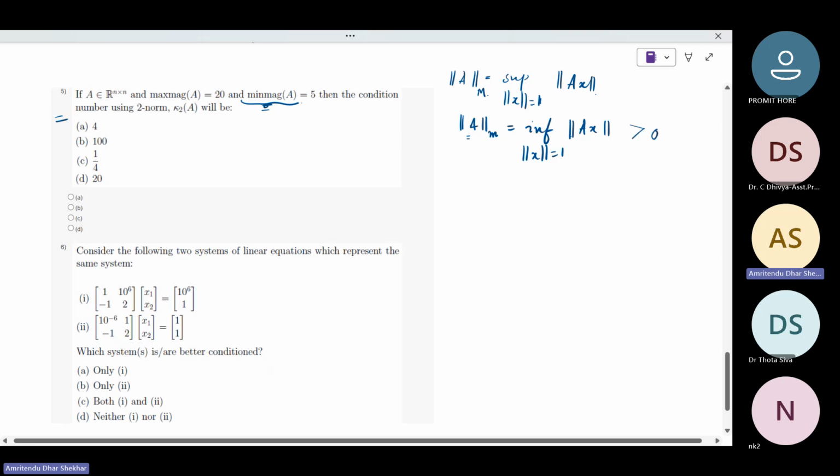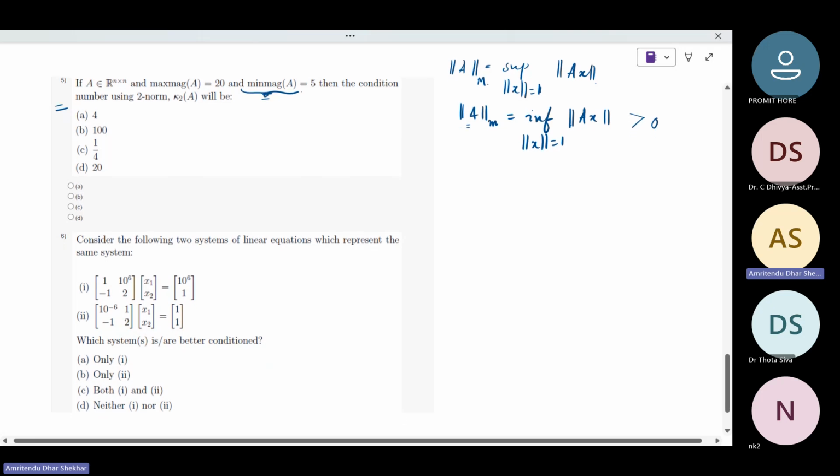Okay, and the small lemma is that this quantity, small m, so capital M for max, small m for min, m is equal to 1 by this.